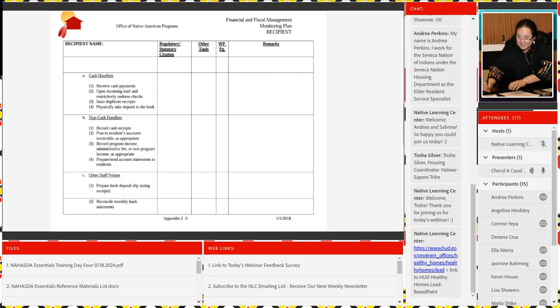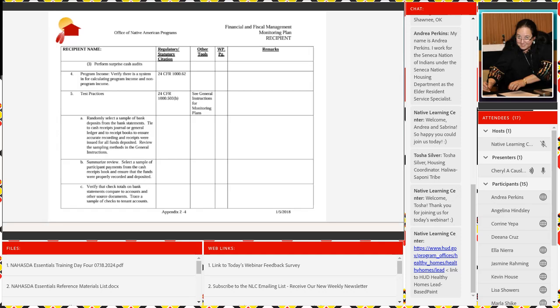Non-cash handlers record cash receipts, post to resident accounts receivable as appropriate, record program income, administrative fees, and non-program income as appropriate, and prepare and send account statements to the residents. Other staff prepare bank deposit slips using receipts, reconcile the monthly bank statements, perform surprise cash audits, and verify there's a system for calculating program income and non-program income, and then test the practices.